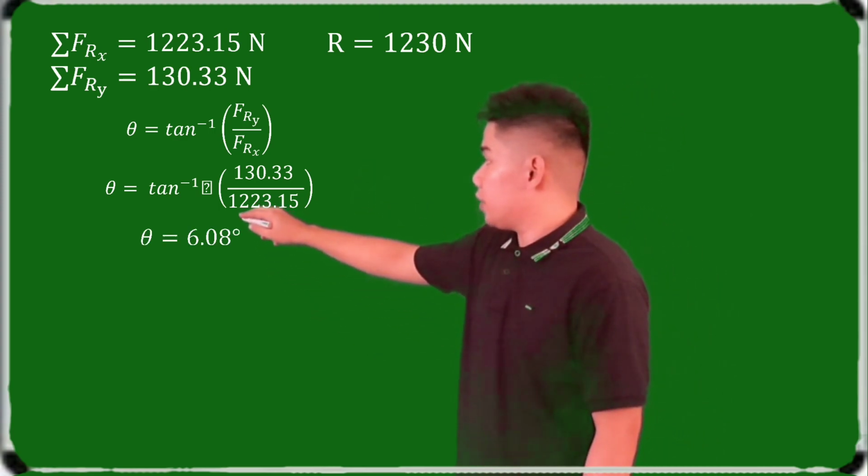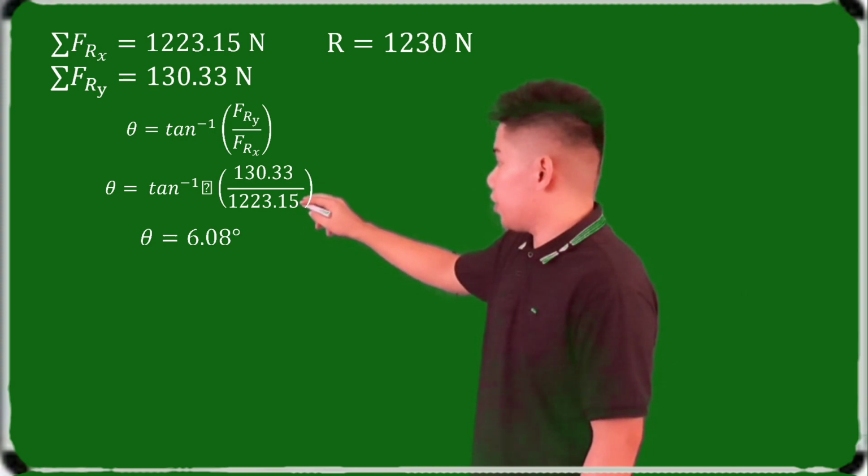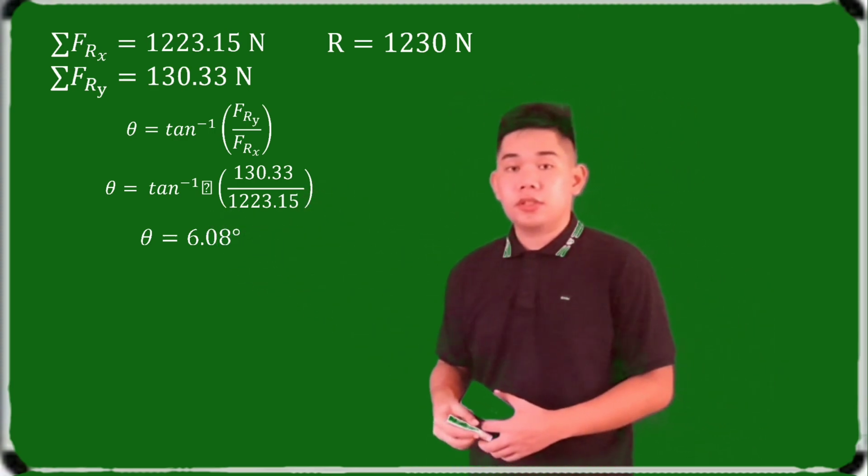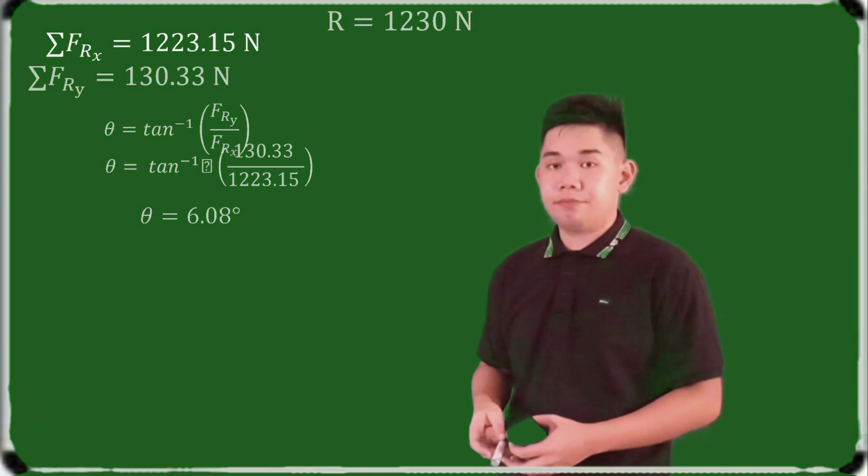In this equation we get 6.08 degrees. So our theta will be 6.08 degrees. We calculated the magnitude and the direction of the problem.